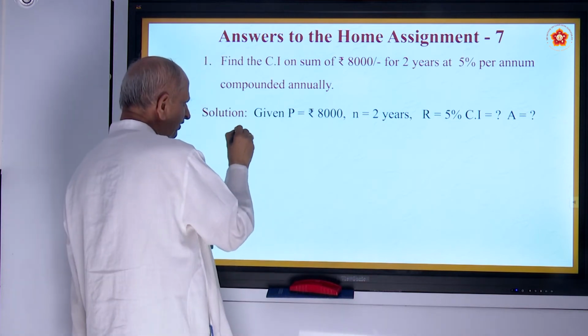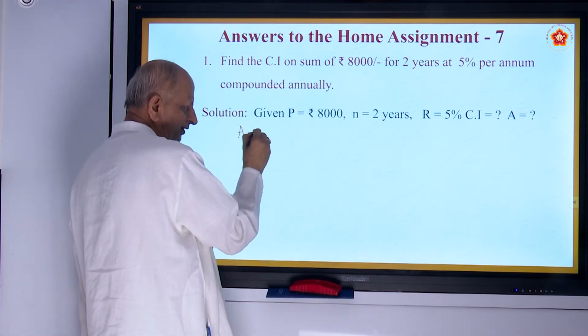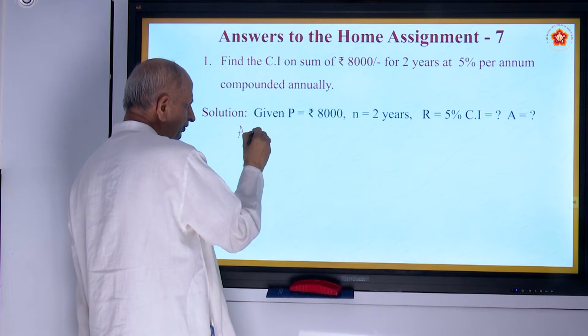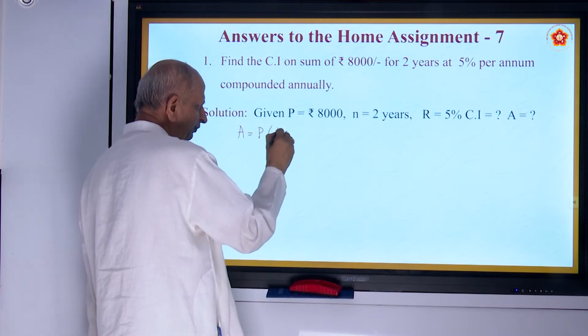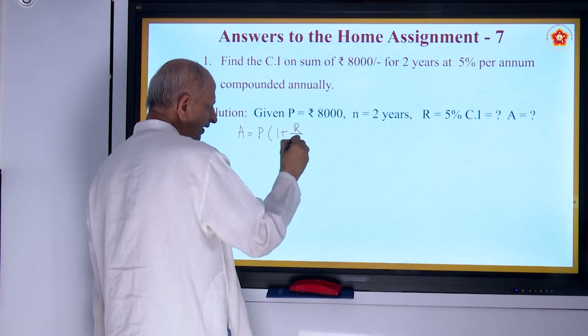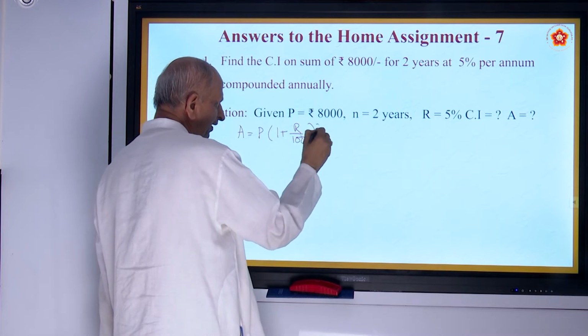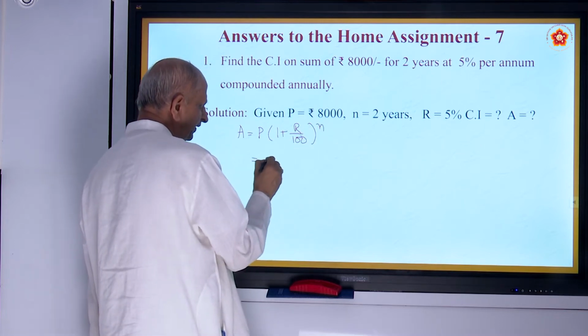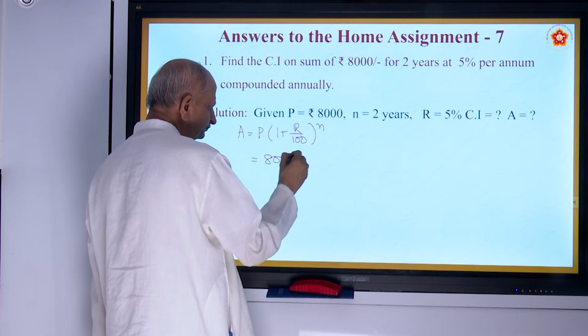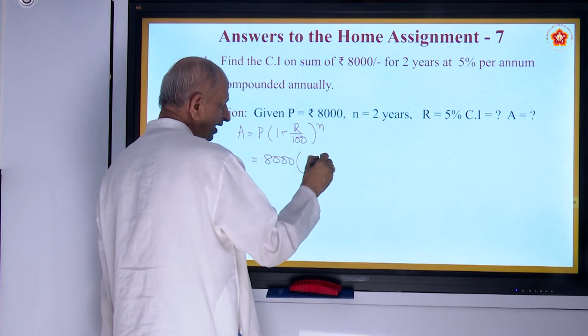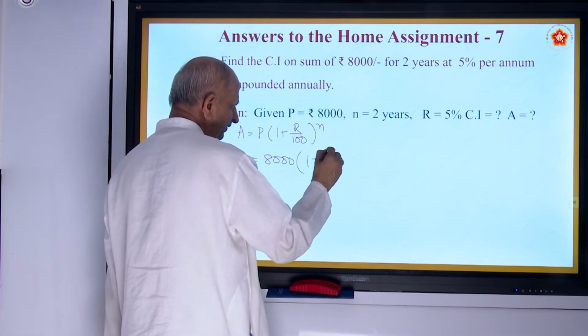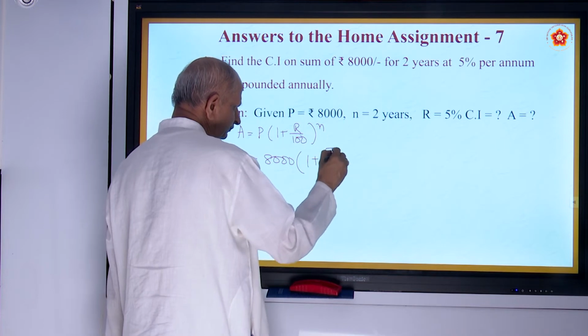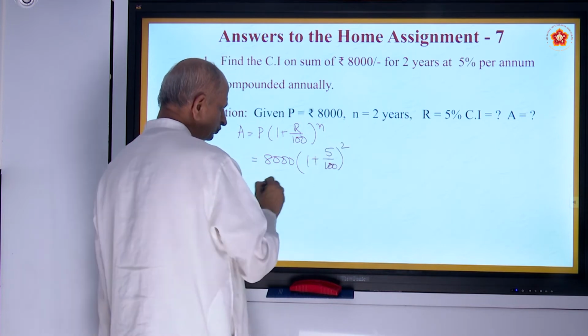So the formula, you can use the formula, A is equal to P into 1 plus r by 100 to the power of n. So P is 8000 into 1 plus r is 5% to the power of 2.